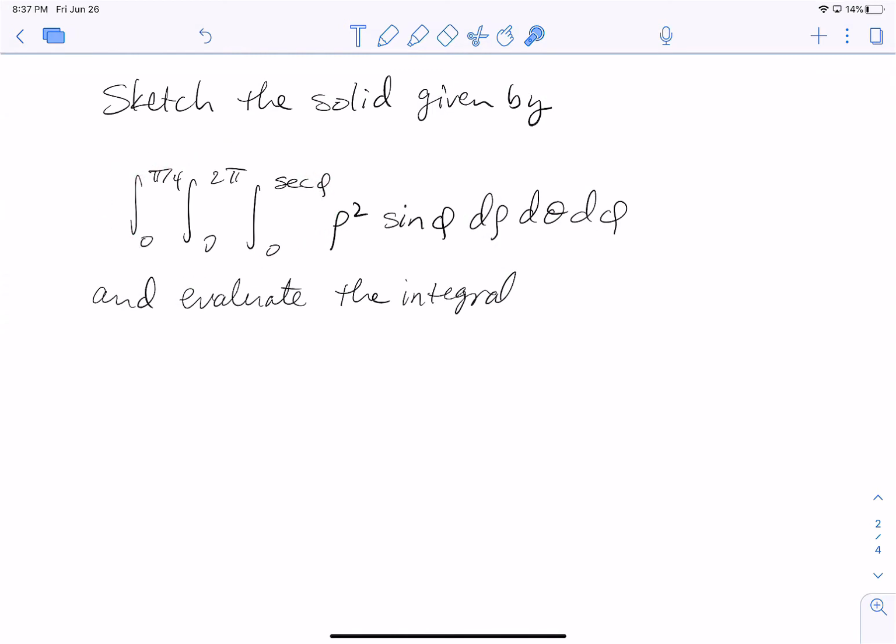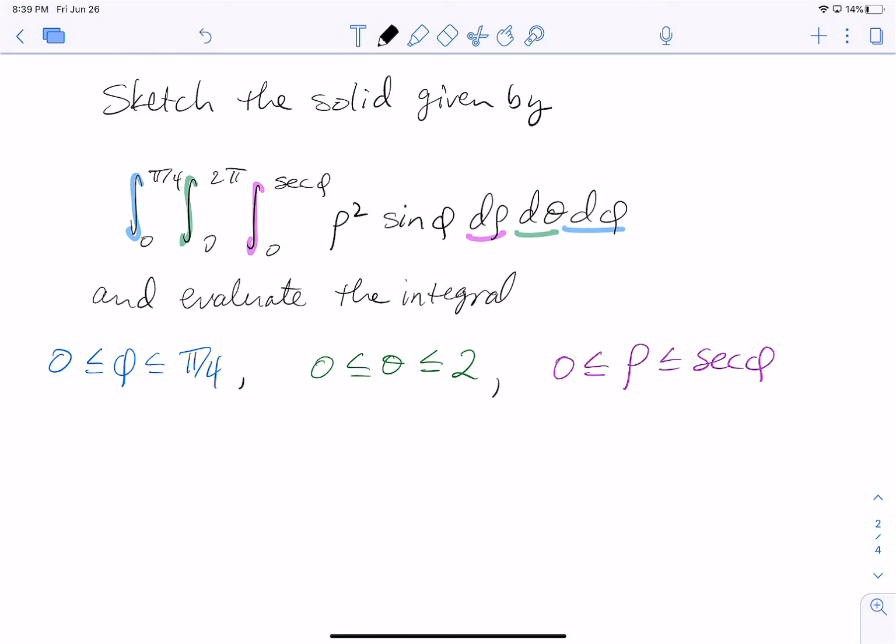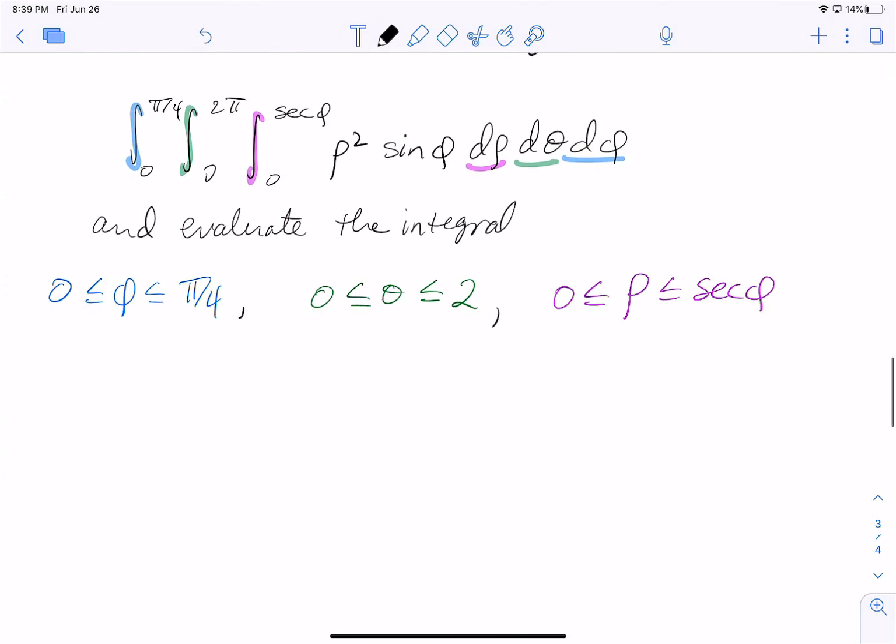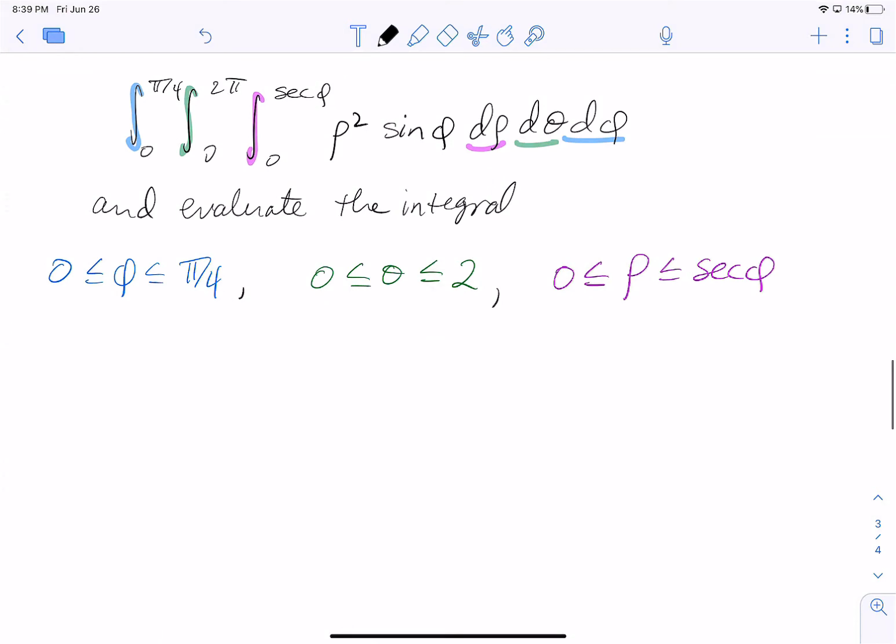As far as those limits go, we have phi going from 0 to pi over 4, theta going from 0 to 2 pi, and rho going from 0 to the secant of phi. At this point, the hardest of these to deal with is rho. Let's look at it. One boundary is rho is equal to the secant of phi.